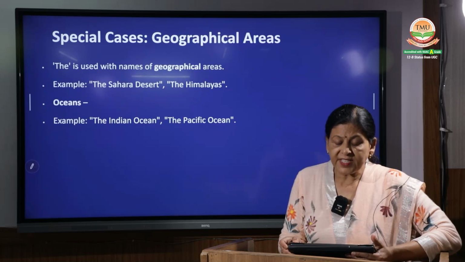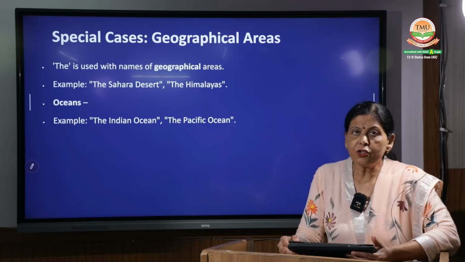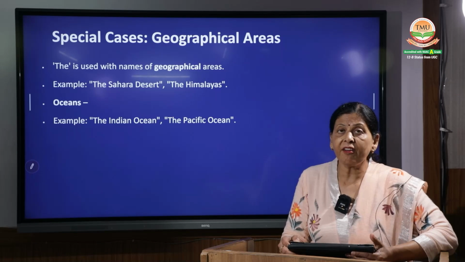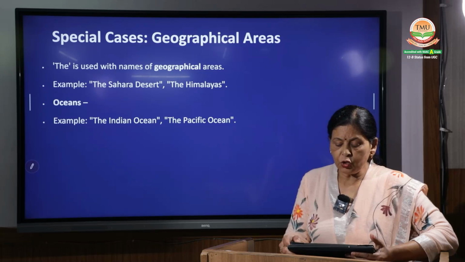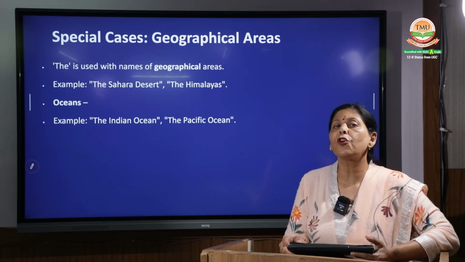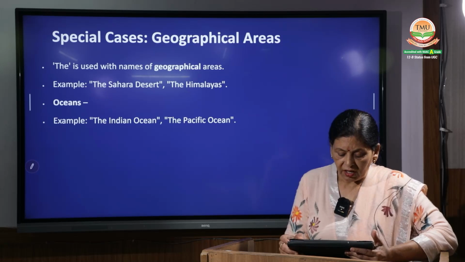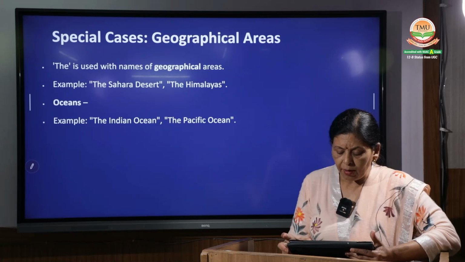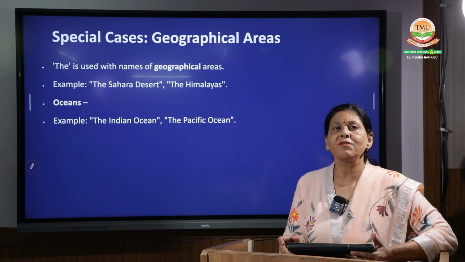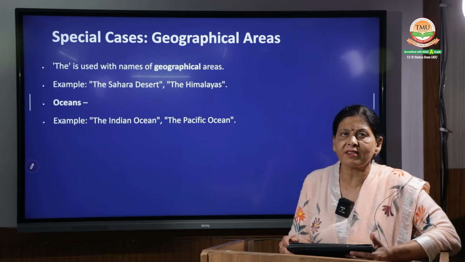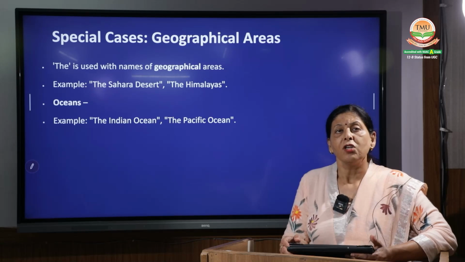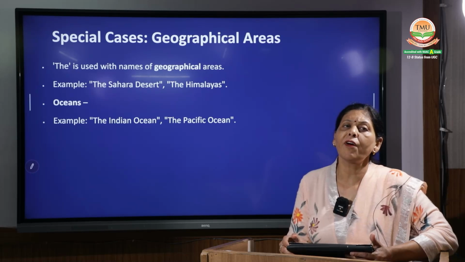Then definite article the is used in front of geographical areas, means the physical features of a place. That means the Himalayas. When we are talking about the Himalayas, the Deccan Plateau. So these are physical features of our country.